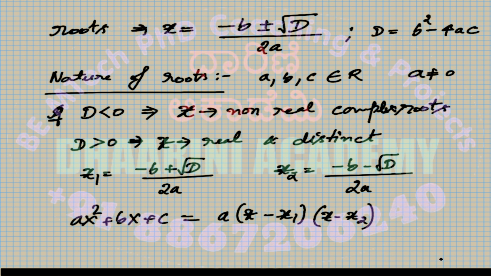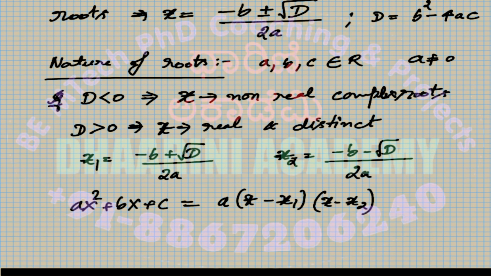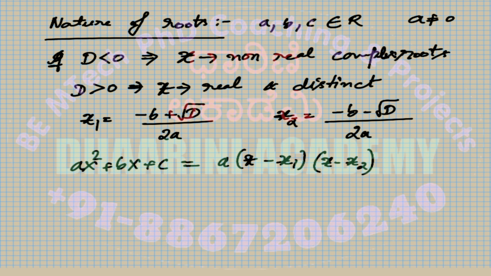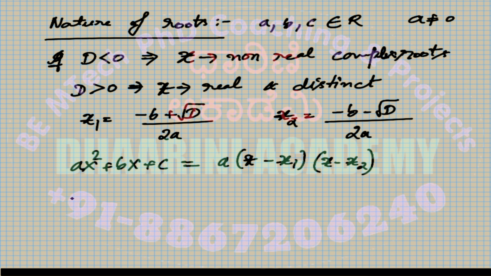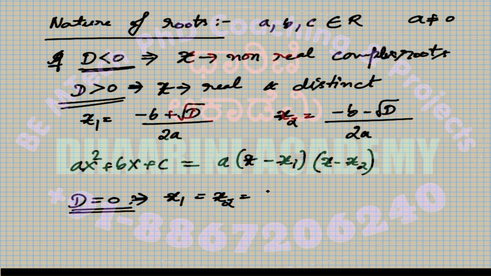Okay, then we go to the third condition. Let's say d is equal to 0. This is condition 1, condition 2, and d equal to 0 is condition number 3. If d is 0, root of d is also going to be 0, so I have only minus b divided by 2a. Both roots will remain same. So that means x1 is equal to x2 is equal to minus b divided by 2a.